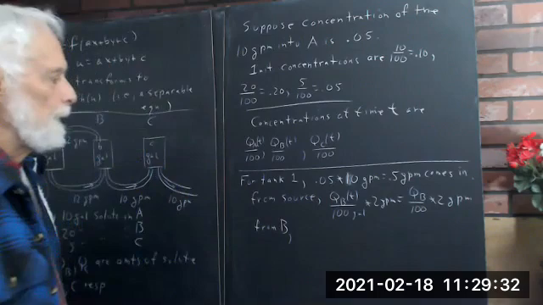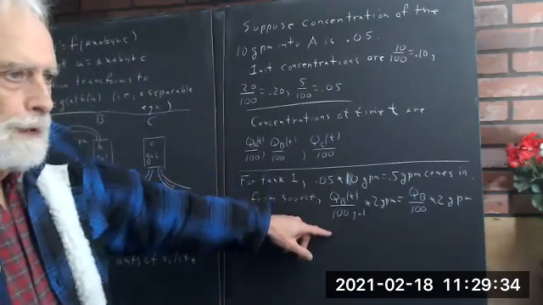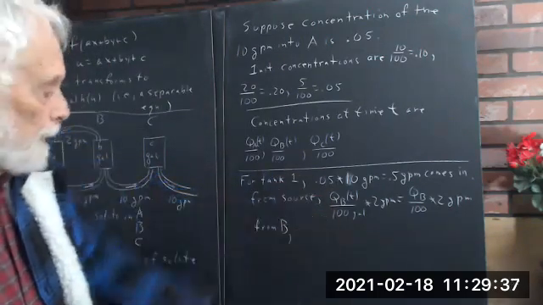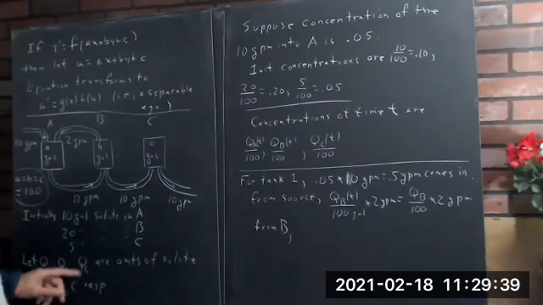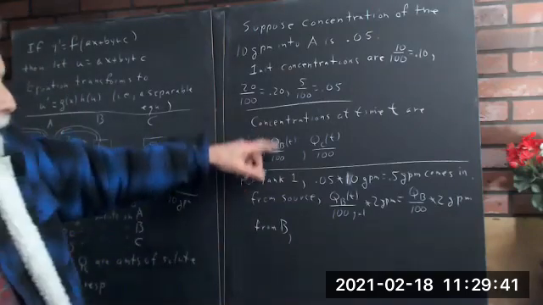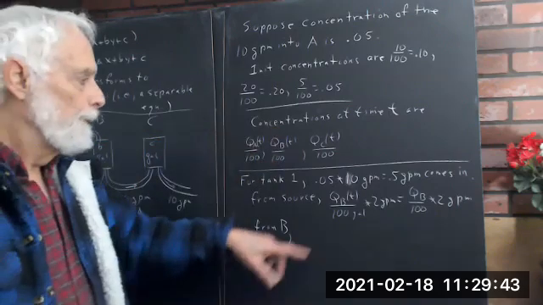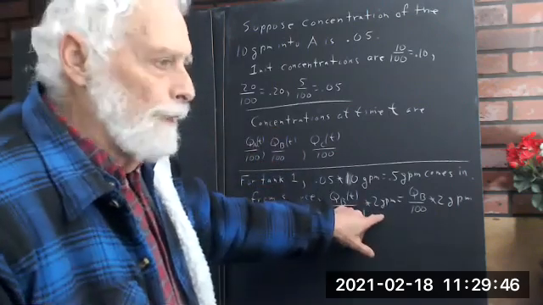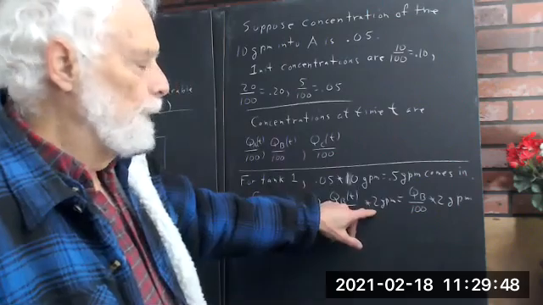So what you have is concentration in B is QB of t over 100 gallons because QB is concentration. So we have that concentration coming in at 2 gallons per minute.